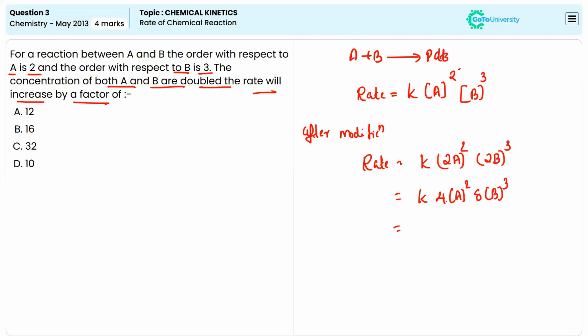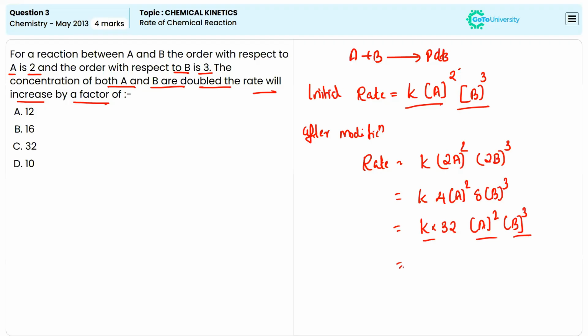So I can multiply the constants. Okay. K is also constant. K times 4 into 8, 32, A square B cube. So K times A square B cube here also, that is the initial rate.